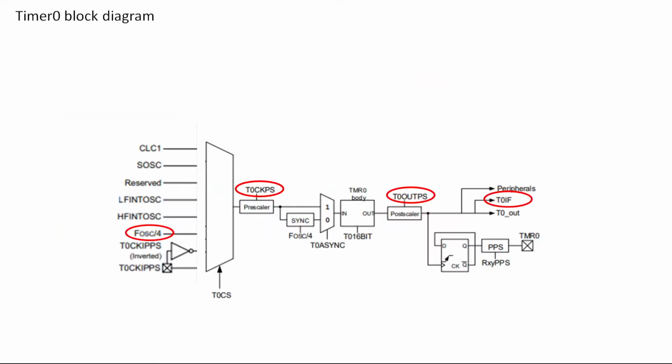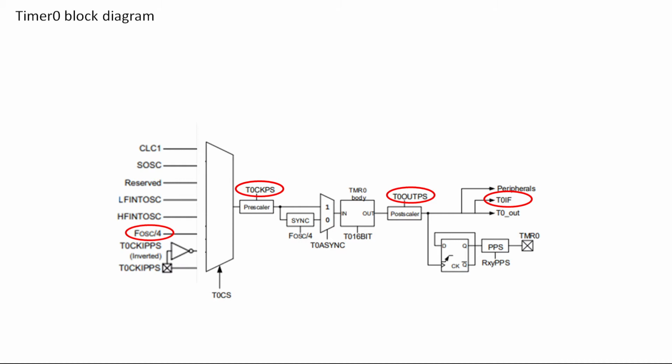If we look at the data sheet, there's a block diagram that looks quite confusing. But in reality, I've highlighted what's important. If you want to use the internal clock signal, that's FOSC/4, and we need to select that. We need to select a clock 0 prescaler value.